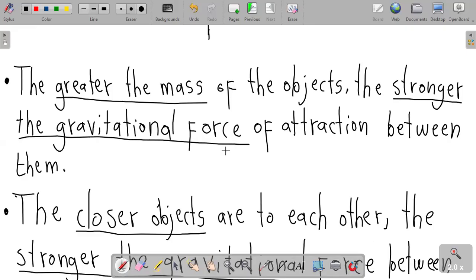So the lesser the mass, the weaker the gravitational force. It would be the opposite of the statement that we have here. You see?